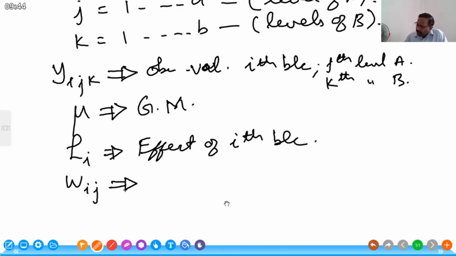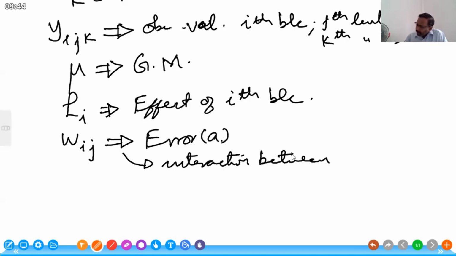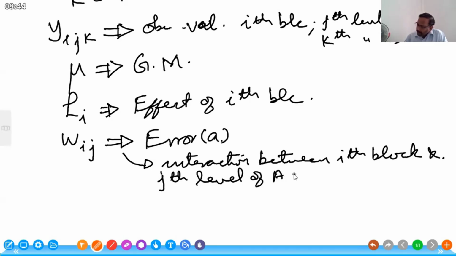Actually, it is called as error A. Also, it can be said as it is the interaction between ith block and jth level of A. Actually, it is the interaction effect. That is what we are considering it as error A.